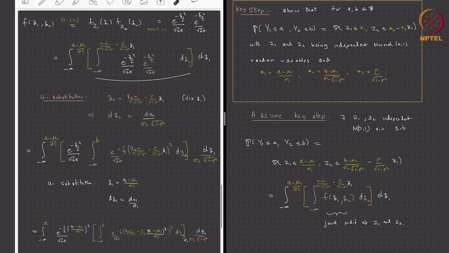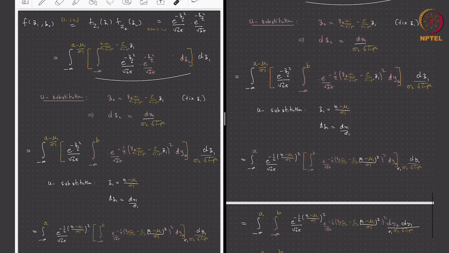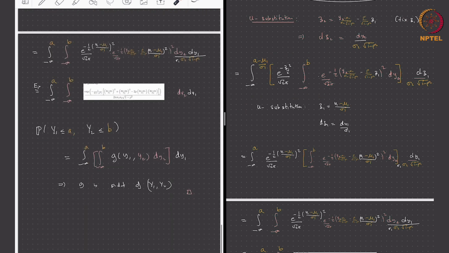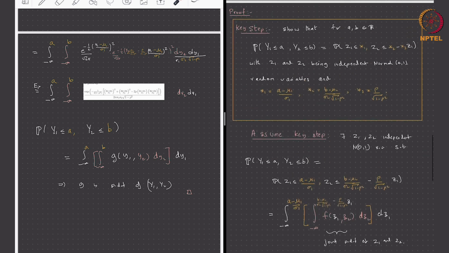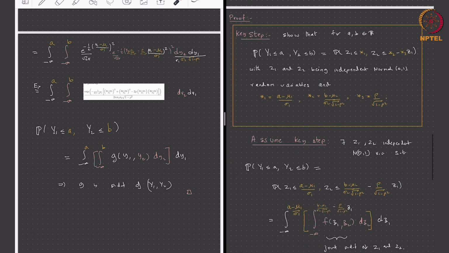The next step is that I have to do some algebra with a couple of u substitutions, one right here, another one right here, in both the pink and the white integrals to get my final answer, which I have here. So that means by showing that the probability of y1 less than or equal to a and y2 less than or equal to b is equal to this integral, it implies that g actually is the joint density of y1, y2. Okay, very good. So now the next thing will be to show the key step, that this happens.